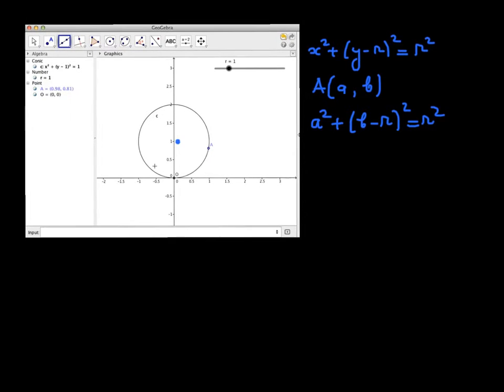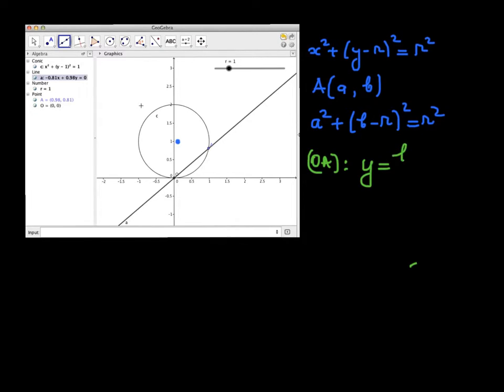Next, we drew the line OA. So the line OA has an equation y equals mx plus c, c is 0.